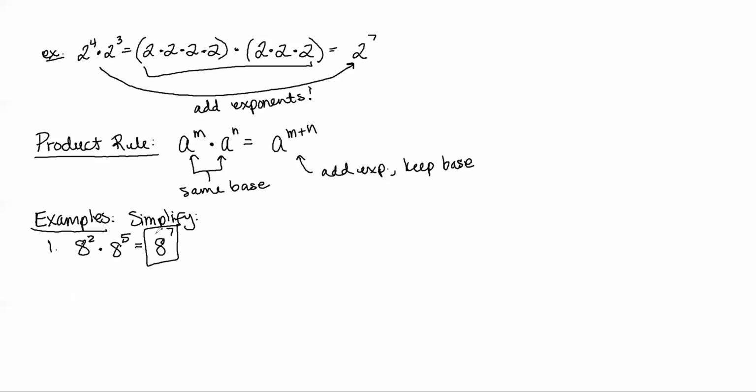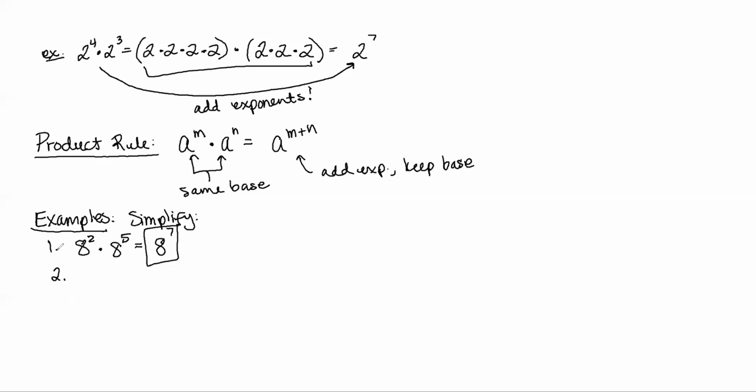I'm not going to actually multiply this out because they get really big really fast. That's one thing to keep in mind. If it's a smaller number, like 5 squared or something like that, you do want to multiply it out. Normally they'll tell you if the exponent's bigger than 4, don't multiply it out. So just pay attention to what it tells you to do on My Math Lab.